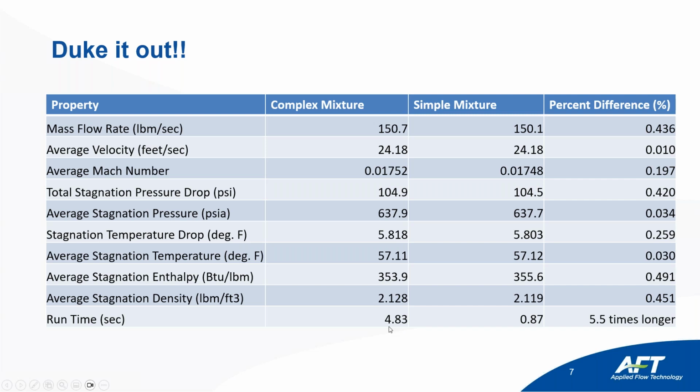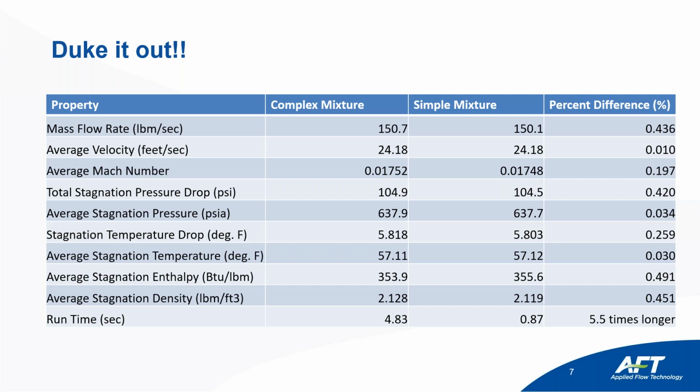With the complex mixture of that simple pipeline being 4.83 seconds and the simple mixture 0.87, that is a 5.5 times increase for the complex mixture over the simple mixture. And this is ultimately the point that I'm trying to make here: very little difference in accuracy of your results, but a much longer runtime.